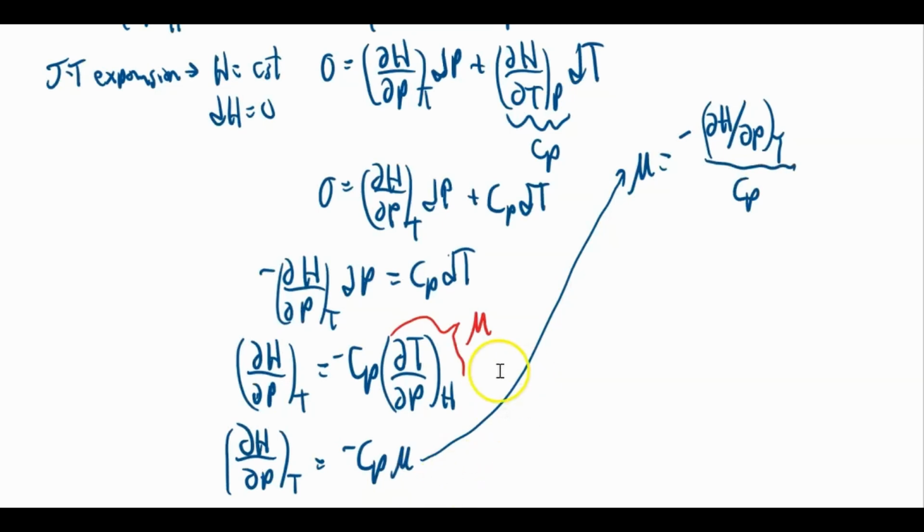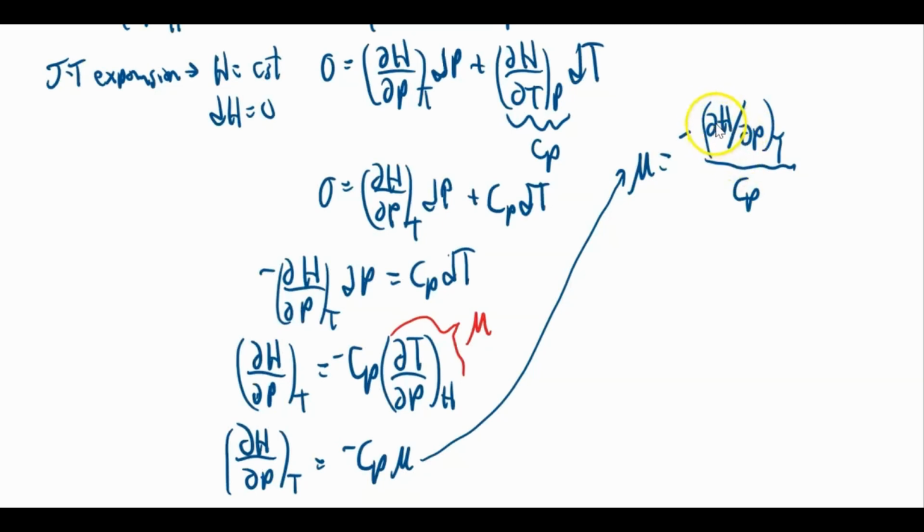Now this doesn't seem like it's helped us very much, but all we need to do to get an equation for the Joule-Thomson coefficient is to get an expression for this partial derivative. We're going to do that using another exact differential for enthalpy.